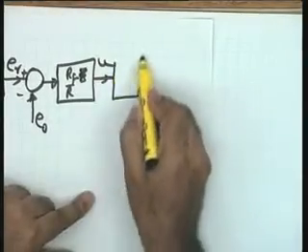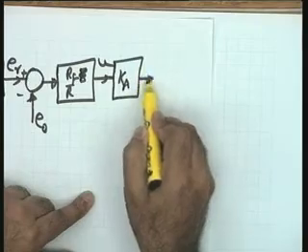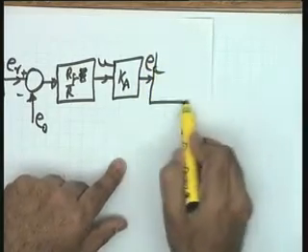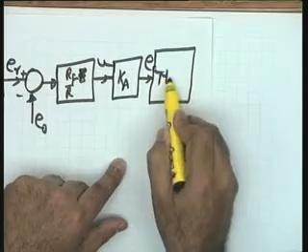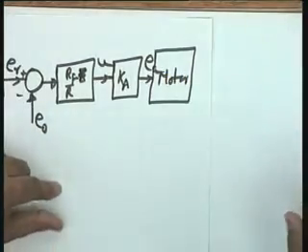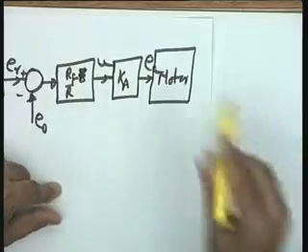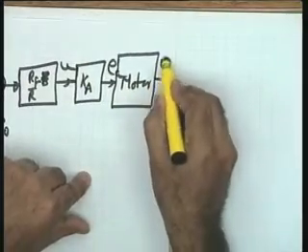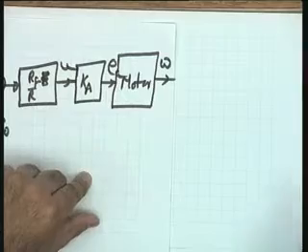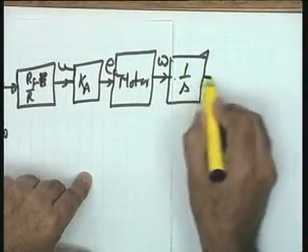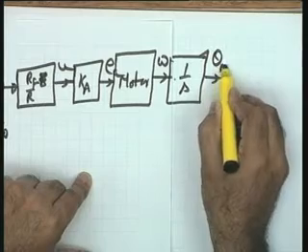This control signal multiplied by Ka gives you Ea. Okay, let me save time over here and I put the motor here. The complete block diagram of the motor could be put over here at this particular point. What is the output of the motor? Output of the motor in this case is motor speed omega. Motor speed omega into 1 by S, an integrator, gives you position theta m.